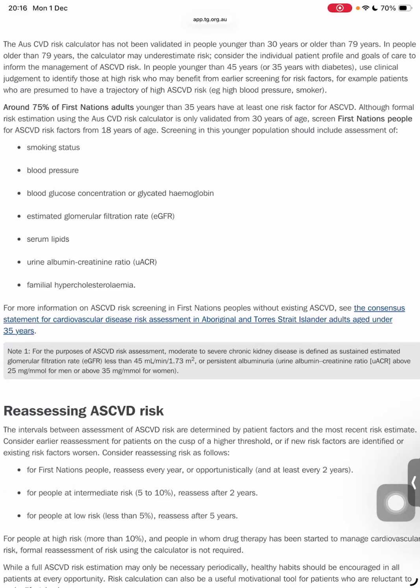Screening in the young population should include assessment of smoking status, blood pressure, blood glucose concentration, estimated glomerular filtration rate, serum lipids, urine albumin creatinine ratio, and familial hypercholesterolemia. I can't pronounce that word.